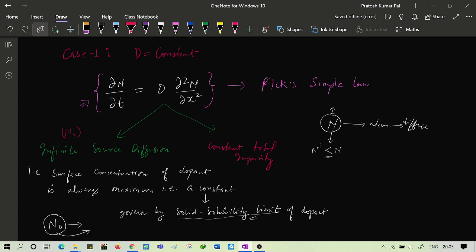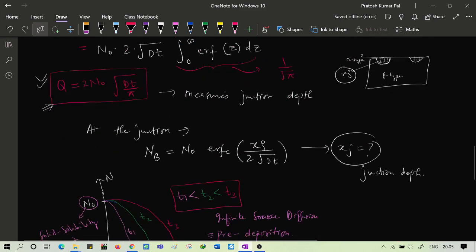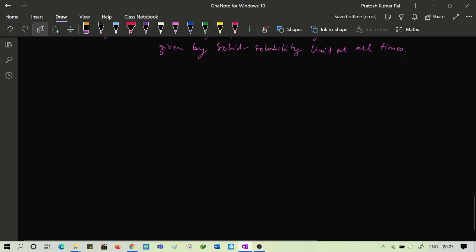So if the next diffusion for the next time period is going to take place, then the starting point of that next diffusion will not be a constant value of N0, it will be some other value less than N0. So that we will see next.